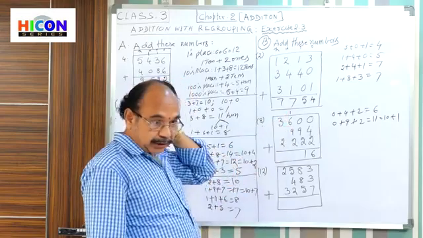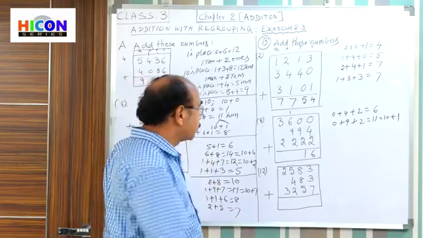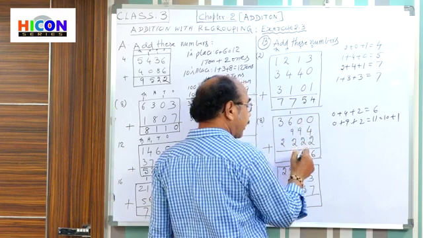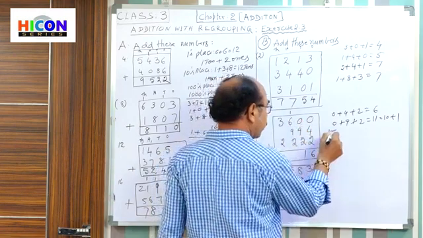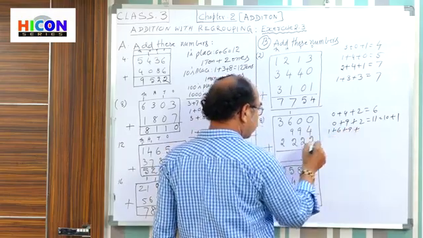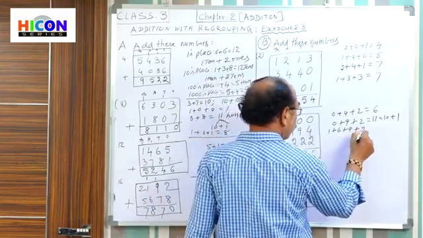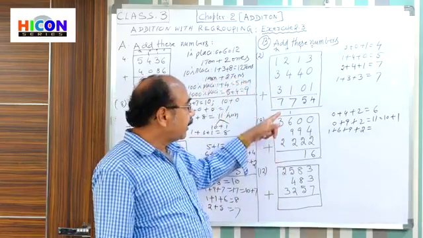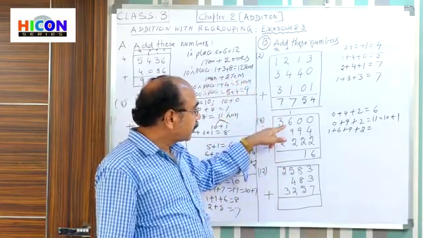Now add the digits in the hundreds place. 1 plus 6 plus 9 plus 2. Are you following, children? 1 is the carried 100. In the first number 600s are there.